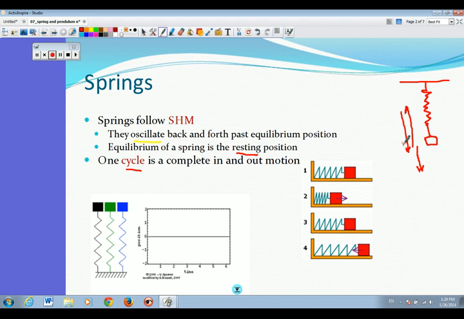So the time for one up and down is going to be what? The time for one complete motion is the period. But you've got to remember, we're going to go back and forth around some, there's your equilibrium position right there.